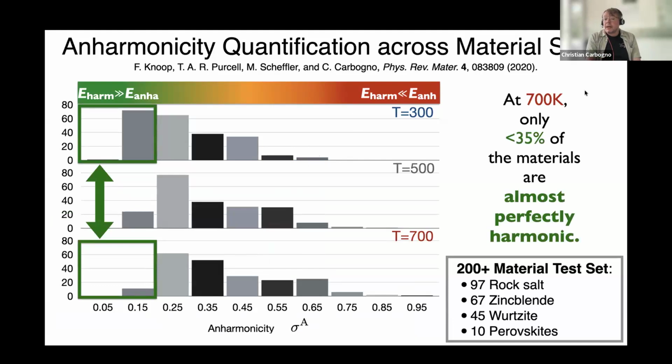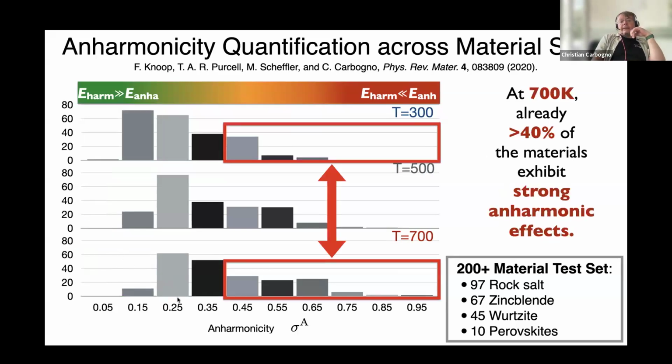What happens if we go to higher temperatures? Here to 500 K and then to 700 K. The number of materials that behave perfectly harmonic becomes much, much smaller. So here at 700 K, almost none of the materials are in this regime, and very few are harmonic.